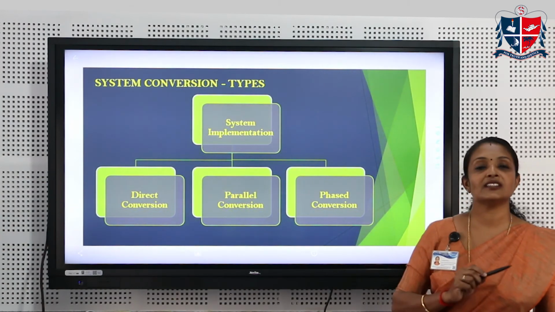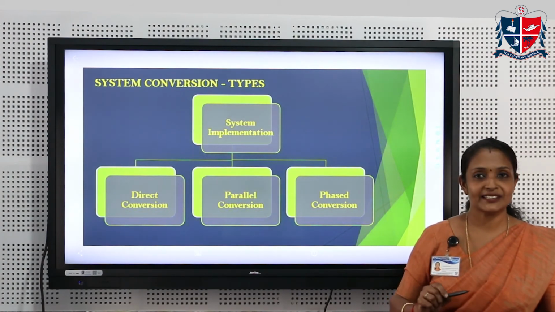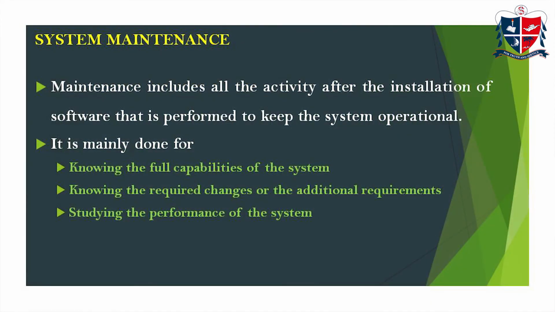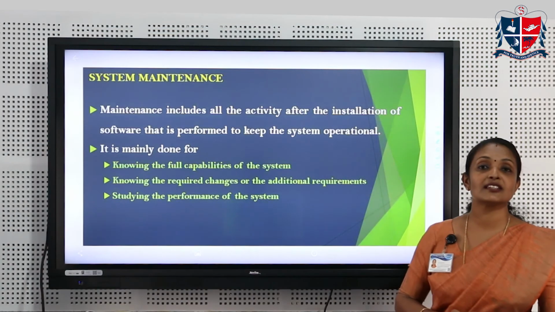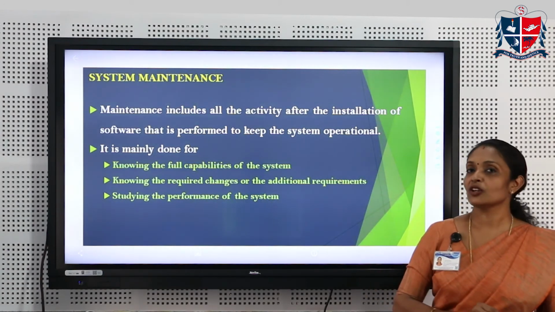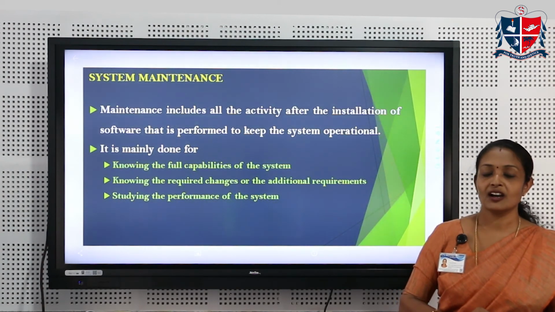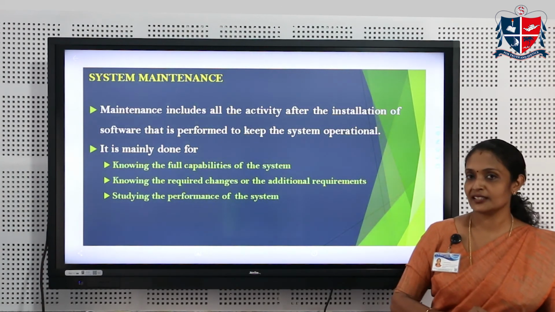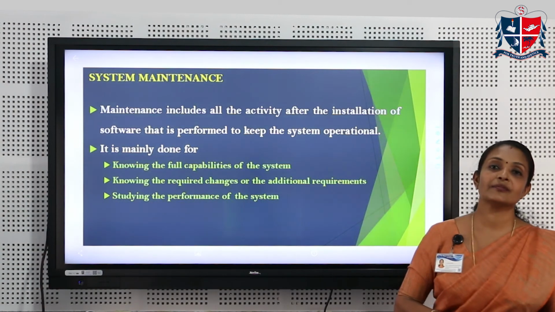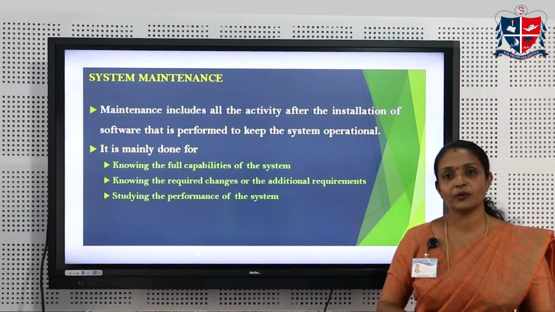Once the software is installed, the software development process is completed, and we are moving on to the last phase of the system development life cycle, that is the system or software maintenance. Once the software is installed in the organization or on the user side, whatever changes we make in the system, that is known as system maintenance. Sometimes there may be some errors in the program.